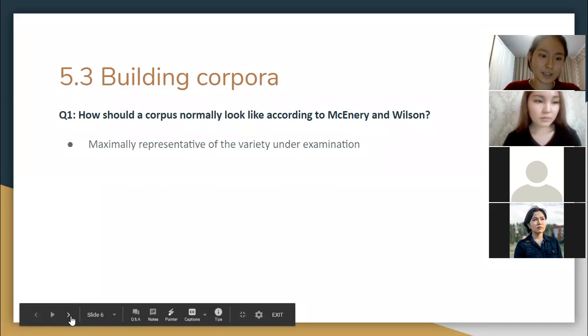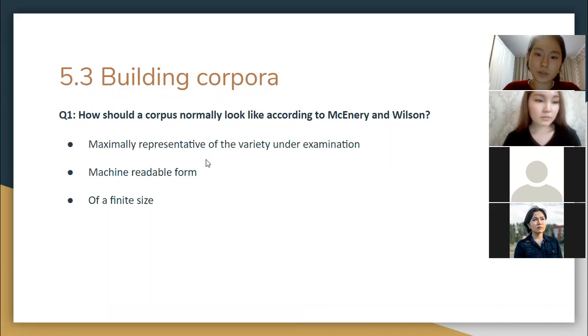You're absolutely right. It should be maximally representative, meaning that, for example, if you are choosing to analyze a corpus of the Kazakh language, then you have to choose texts that will maximally represent the Kazakh language from different sides. Also, of course, it should be in machine readable, electronic form, and regarding the size, it should be of a finite size, which means that you are not allowed to choose whatever size you want.